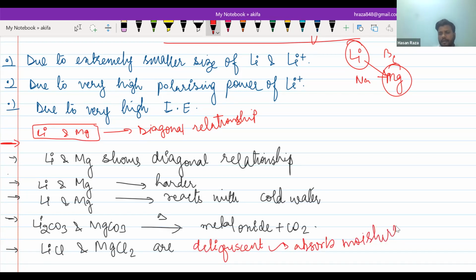Since the hydration enthalpy of LiCl is very high, it exists as LiCl.2H2O, and MgCl2 also exists as MgCl2.8H2O. So these are all similarities between lithium and magnesium. Just write it and let me know if you are done.